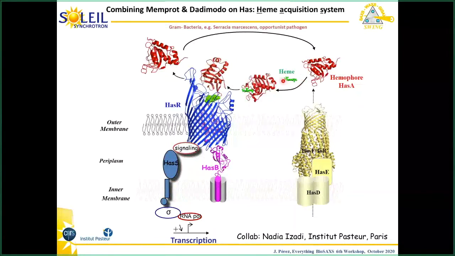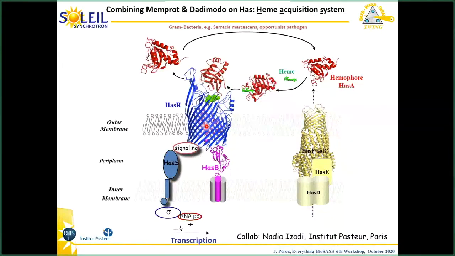The heme is captured by the hemophore, and is released inside the Has-R protein with a very, very high affinity. And this is the way the bacteria feeds itself with iron.